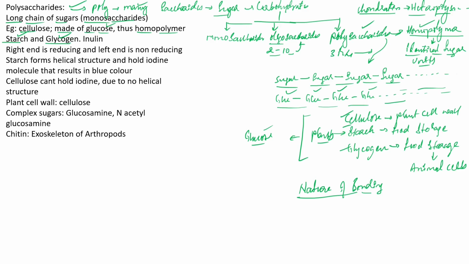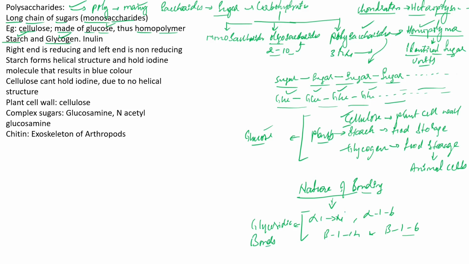I will not discuss it here, but just remember one thing: the types of bonds you generally find for our examples are alpha 1,4 or alpha 1,6, and one more is beta 1,4 and beta 1,6. These bonds are called the glycosidic bonds.